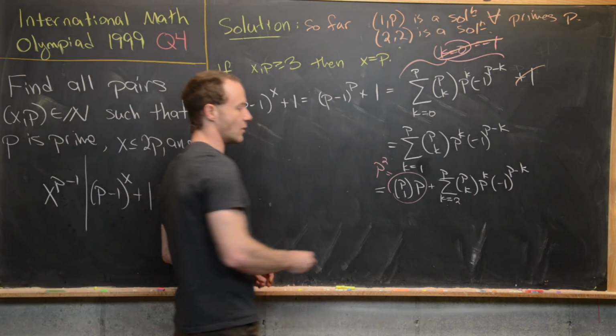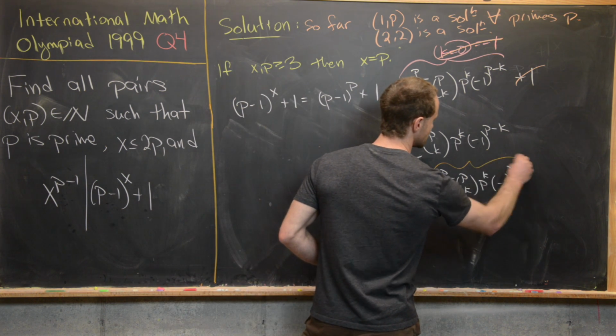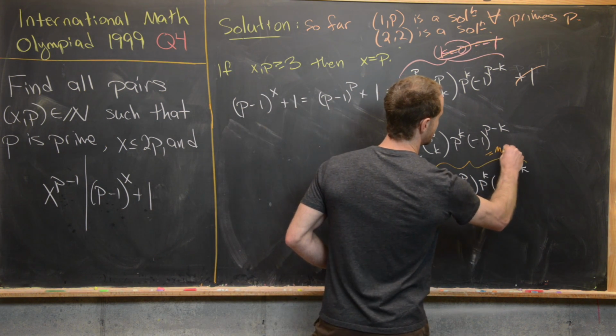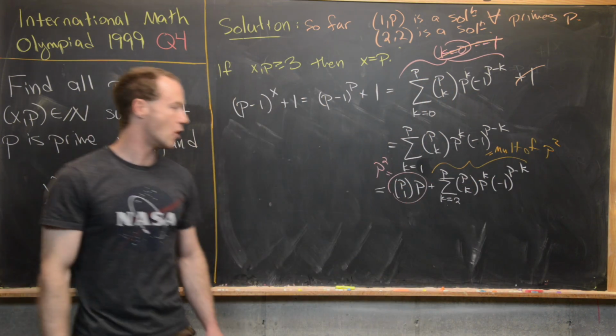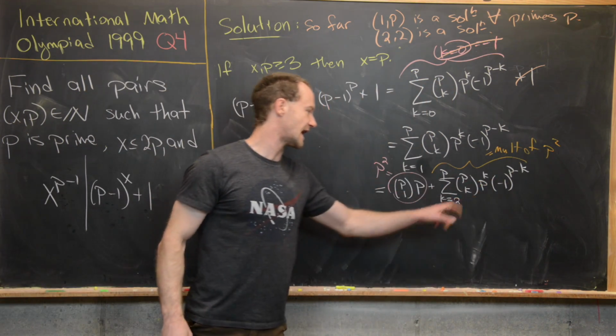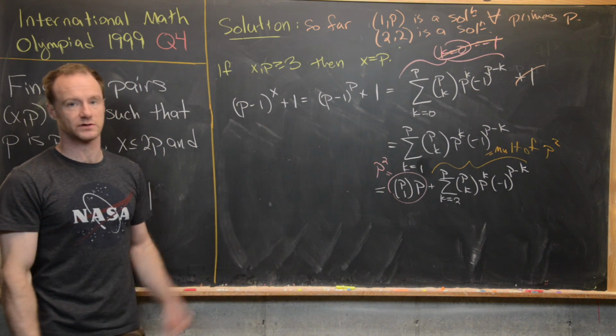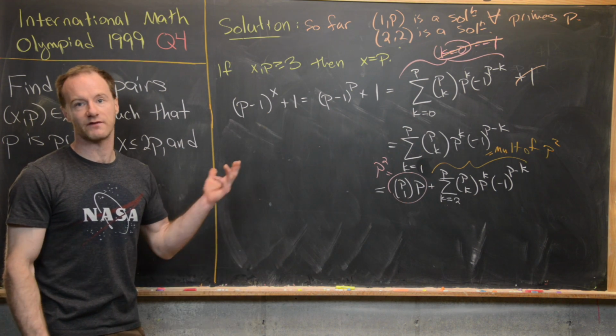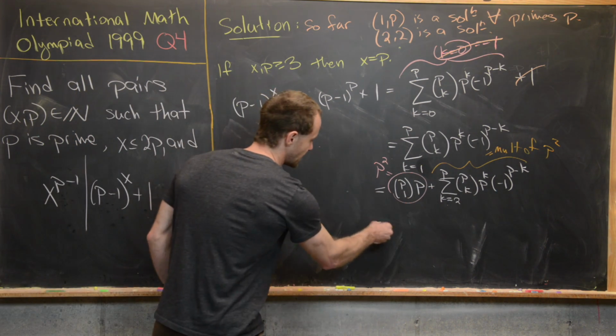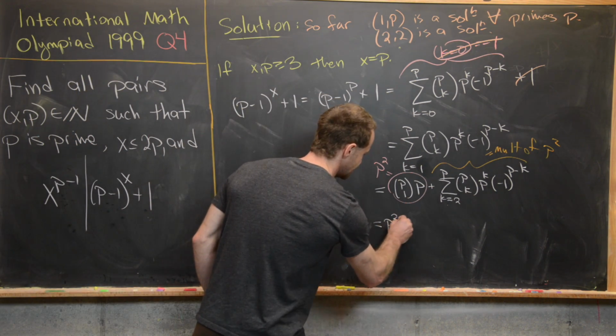And then furthermore, this whole sum right here is a multiple of p squared, because here we're adding over all of these p to the k terms as k is bigger than or equal to 2. So what that means is we can factor a p squared out of this whole thing. So if we go ahead and do that, we've got a p squared factored out.